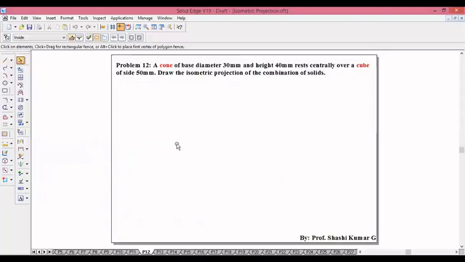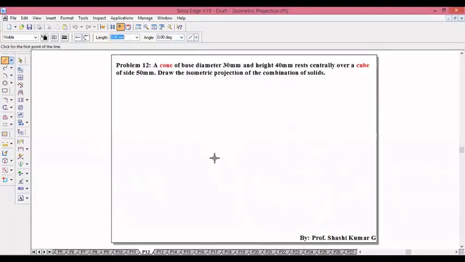Let's move to problem number 12. A cone of base diameter 30 and height 40 rests centrally over a cube of side 50. So a cube of side 50 is very easy to construct. 50 at 30 degrees, 50 at 150, 50 at minus 150, 50 at minus 30.